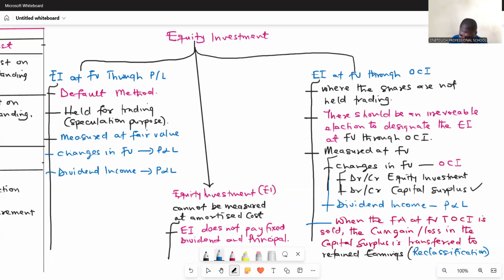Okay. Let's go and do some exercise. This time we are not going to work anything. We want to pick a series of questions, or if possible, about 15 or so questions that we are going to solve, and check, okay, this question is at amortized cost, this one is at P&L, fair value through P&L or OCI.